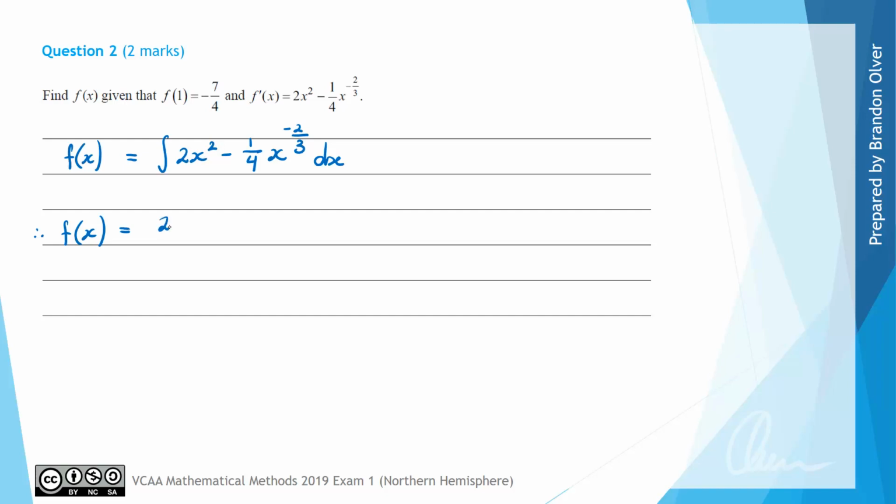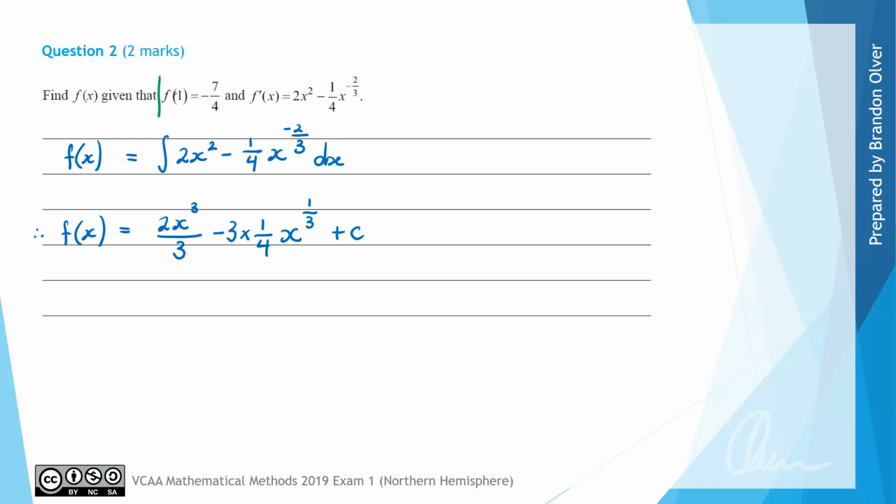So we have 2x to the power of 3 and then divide by the new power, and then we have minus a quarter, and then we have x to the power of, and adding 1 to this power is the same as adding the fraction 3 over 3, so that will give us positive a third, and then dividing by a third is the same as multiplying by 3, so that's how we can treat that part of the anti-differentiation. And then we're also going to have a plus c term here, where c is some real number that we need to find using a second piece of information.